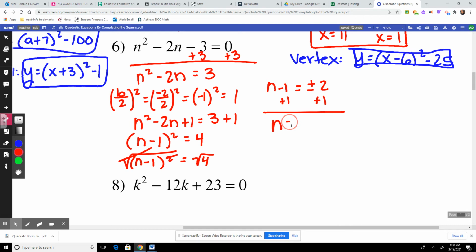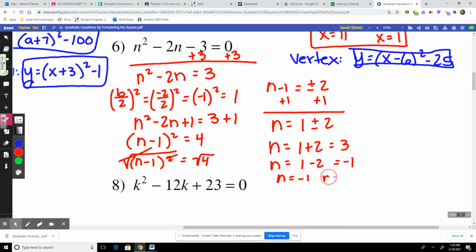That tells me that n is 1 plus or minus 2. So n is 1 plus 2, which is 3. And n is 1 minus 2, which is negative 1. So the solution for the quadratic of number 6 is negative 1 and 3. n equals negative 1, n equals 3.